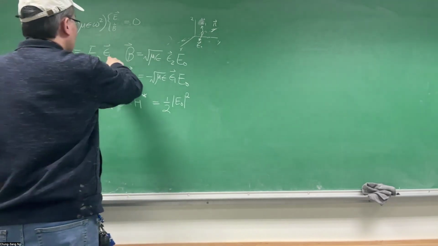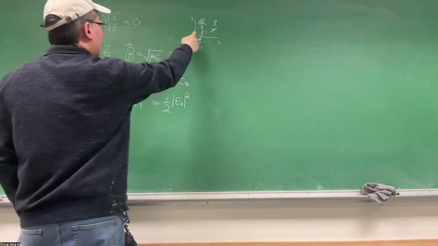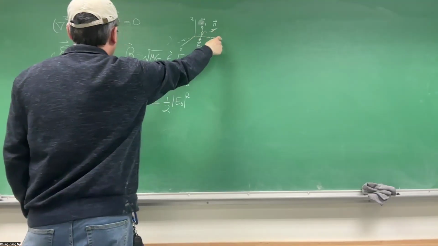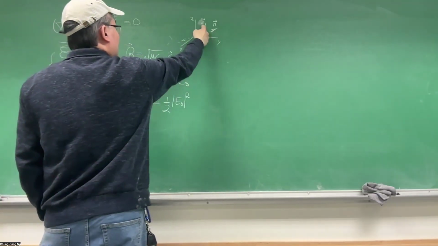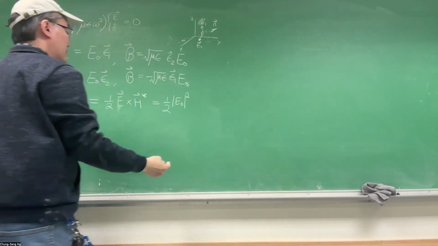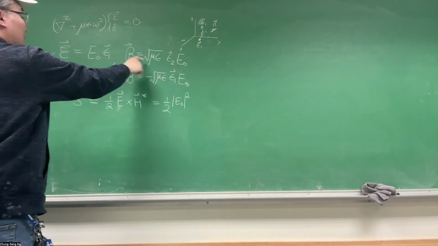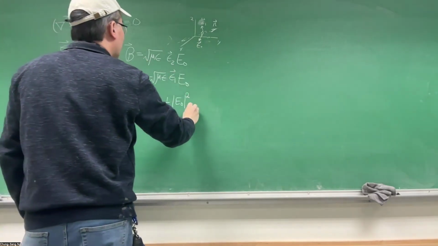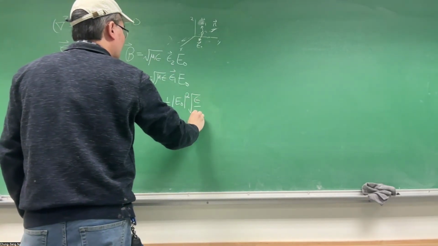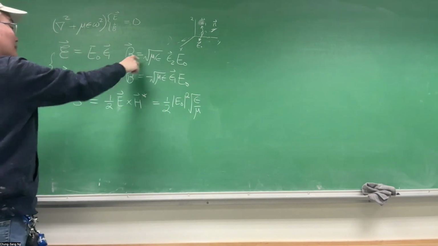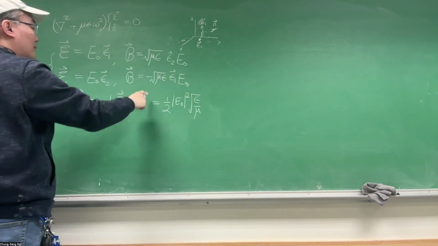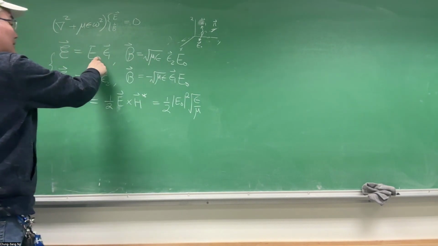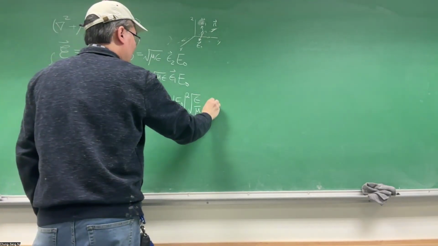And epsilon 1 cross epsilon 2 is in the n direction, obviously. This cross product gives back the n direction. And the other coefficient is the square root of epsilon over mu, because H is B divided by mu. And then all of it corresponds to the n direction.